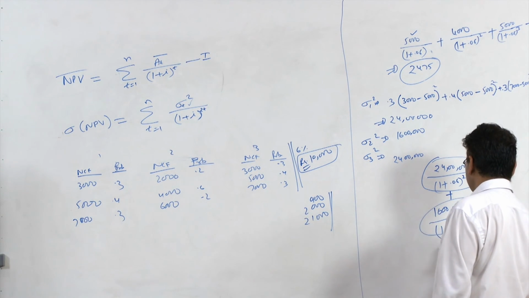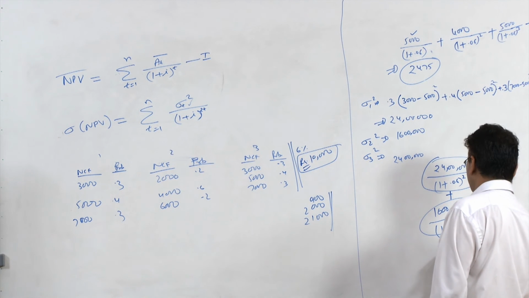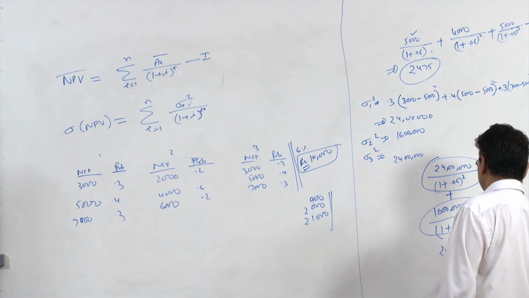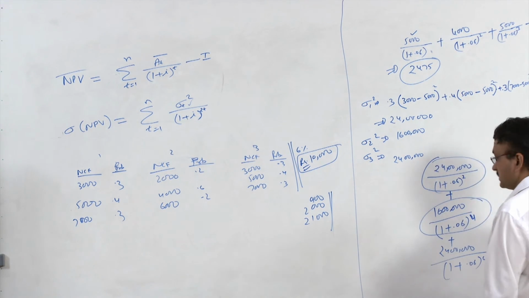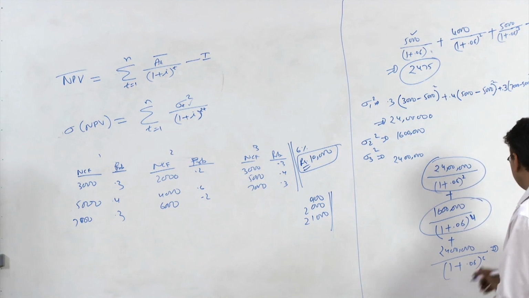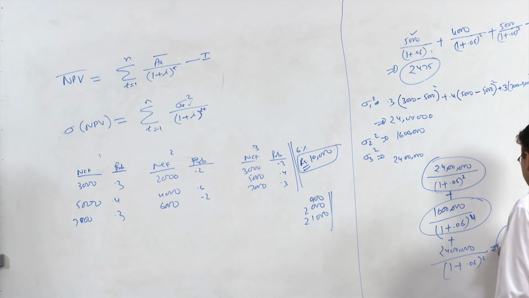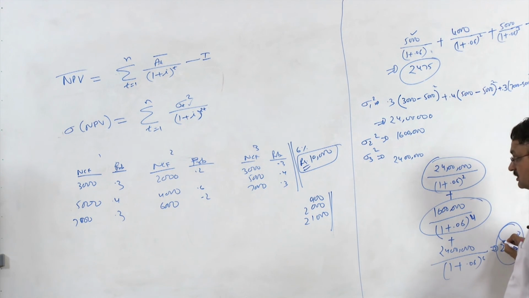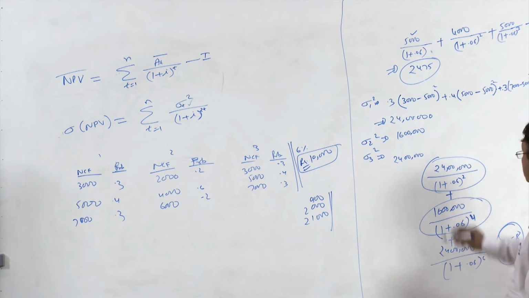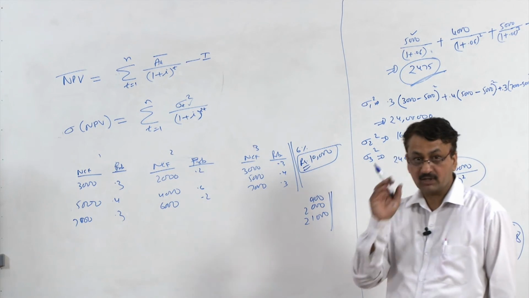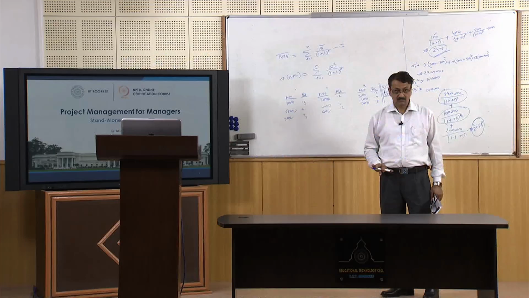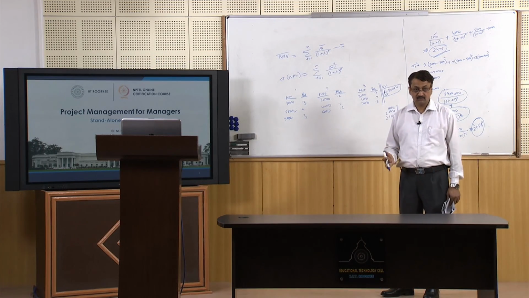Plus the remaining term, and when you add all these things, your final value would be 2258, right? So this is your standard deviation of the project, and the NPV you have already calculated, which is 2475. So this is a case of uncorrelated cash flows and the Hillier model, right?